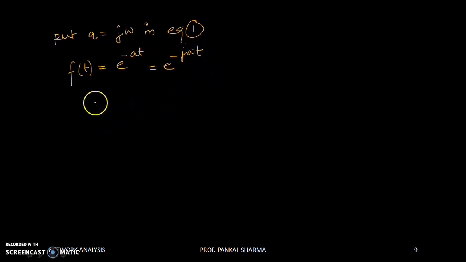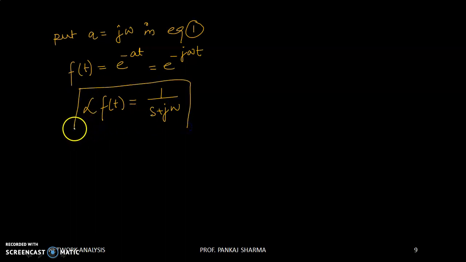So the Laplace of f of t will be equal to 1 by s plus j omega. In the place of a, we just write j omega.